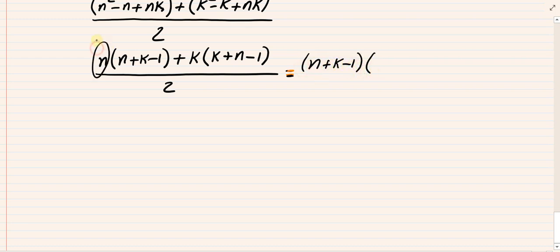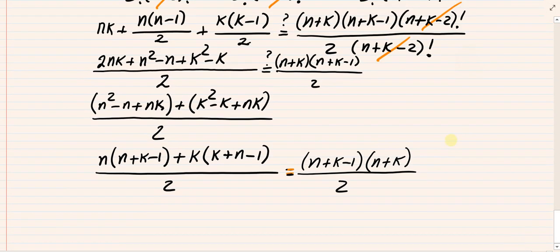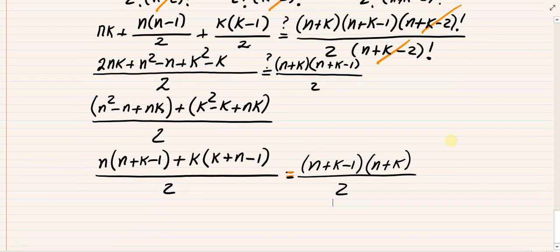All that remains is n and k, so I'm just going to have n plus k divided by 2. True? Now, if you look at what is up here, that's exactly what's down here, right? Remember, this was the right side once we multiplied the two binomials together.